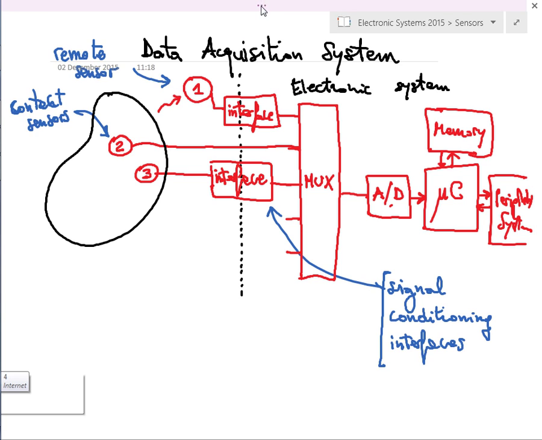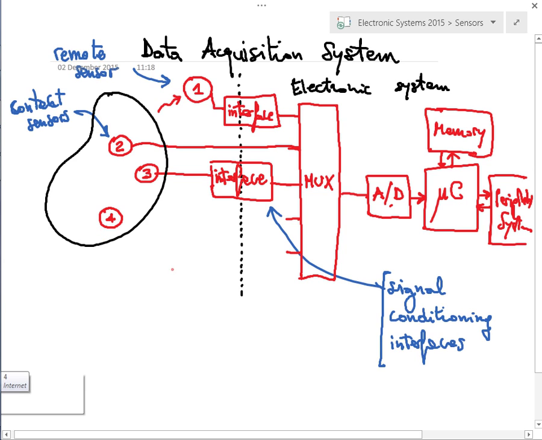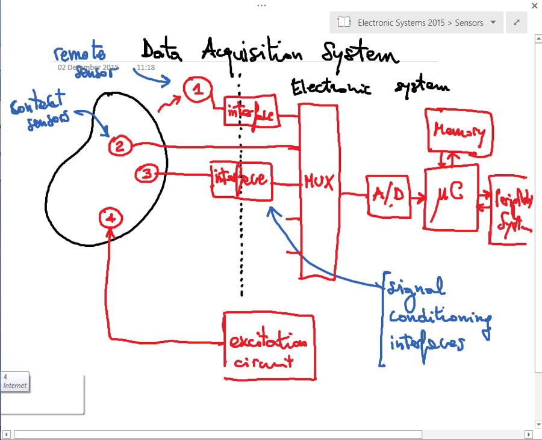Then we might have a different situation in which a sensor must also be excited. So there's an excitation circuit which is controlled by the micro, because the signal that we receive is responding to an excitation that is provided separately.